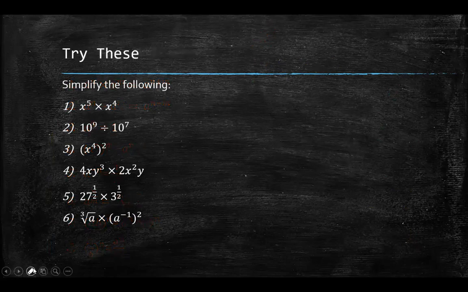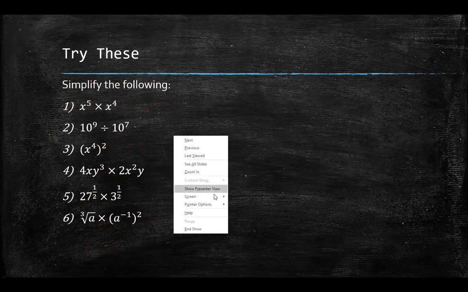Let's practice them now. I'll do the first one with you, and then I'll leave you to do 2 to 6. X to the power of 5 multiplied by x to the power of 4.